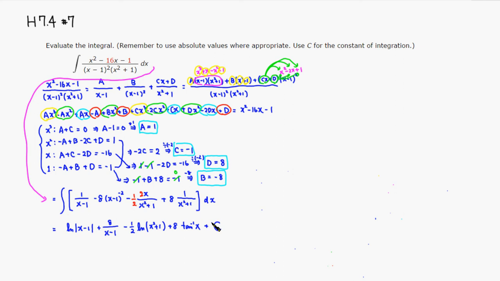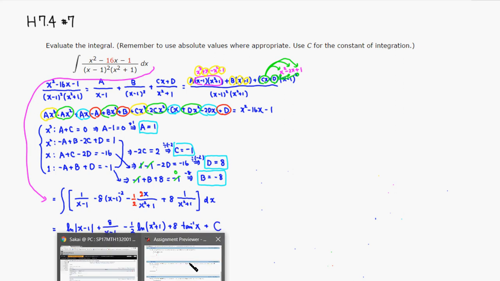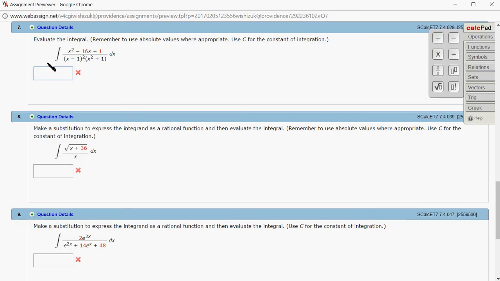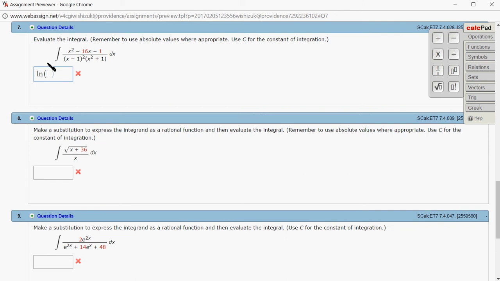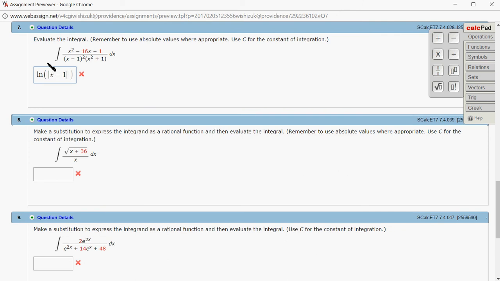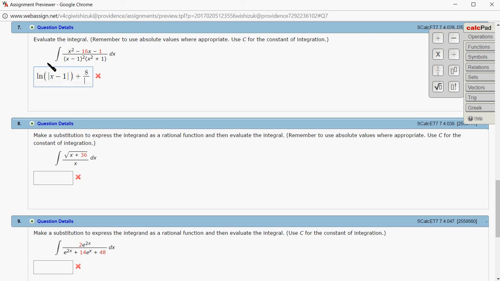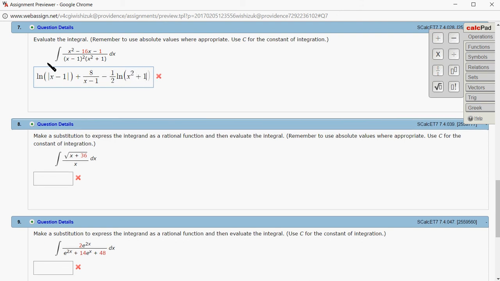That's it. So let's type it in. So we have natural log of absolute value of x minus 1, then we have a plus 8 over x minus 1, a minus 1/2 natural log of x squared plus 1, and plus, actually it's going to be minus 8.